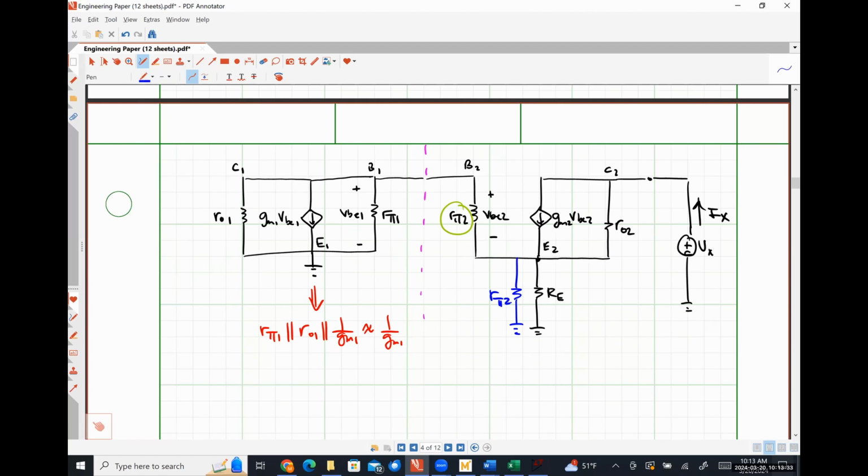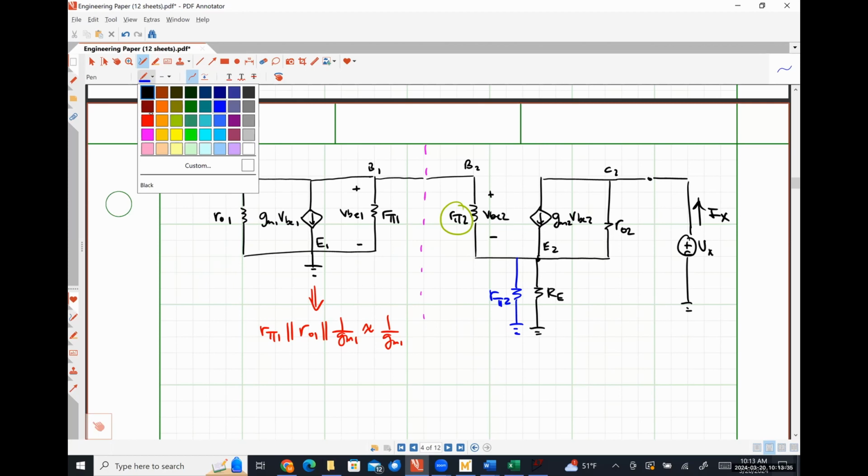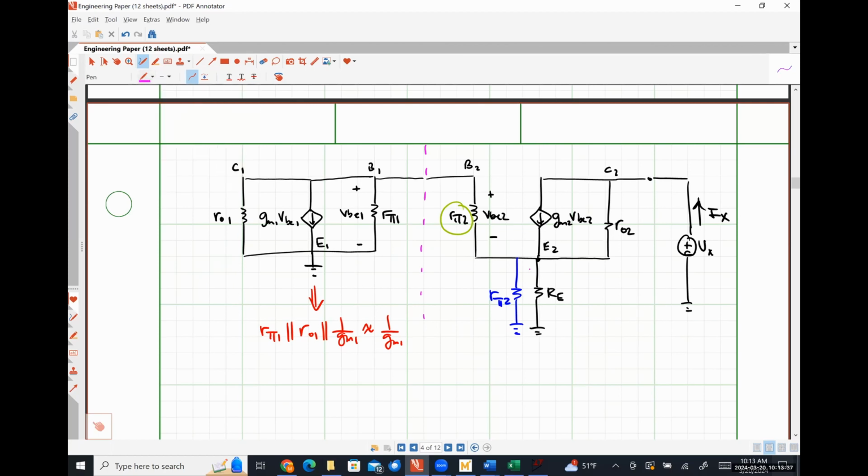So this voltage right here, negative, positive, VBE2. What does this look like? The output resistance of a common emitter amplifier with emitter degeneration. Something that we have literally already seen before.